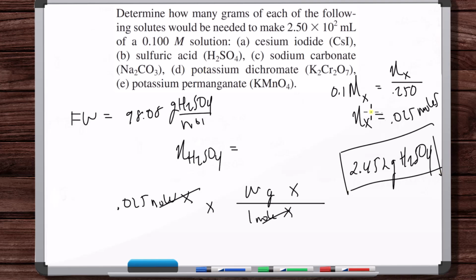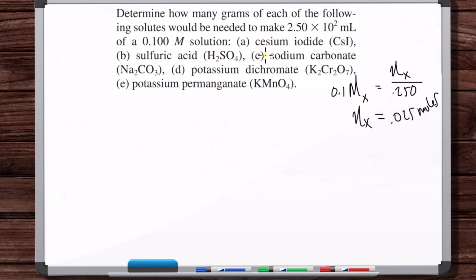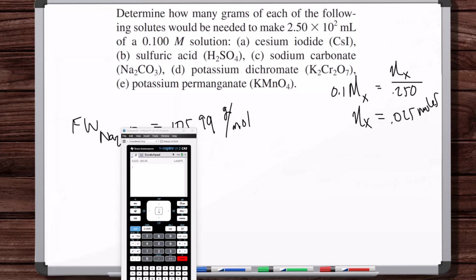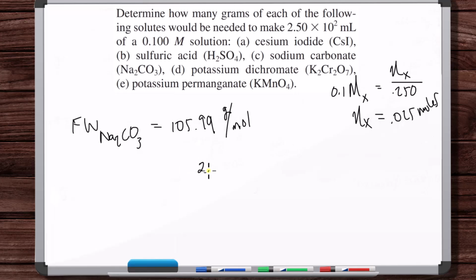Okay, that's part B. Part C. What is the formula weight of sodium carbonate? Doing a Google search, you get 105.99. So 0.025 times that, 2.65 grams of sodium carbonate.